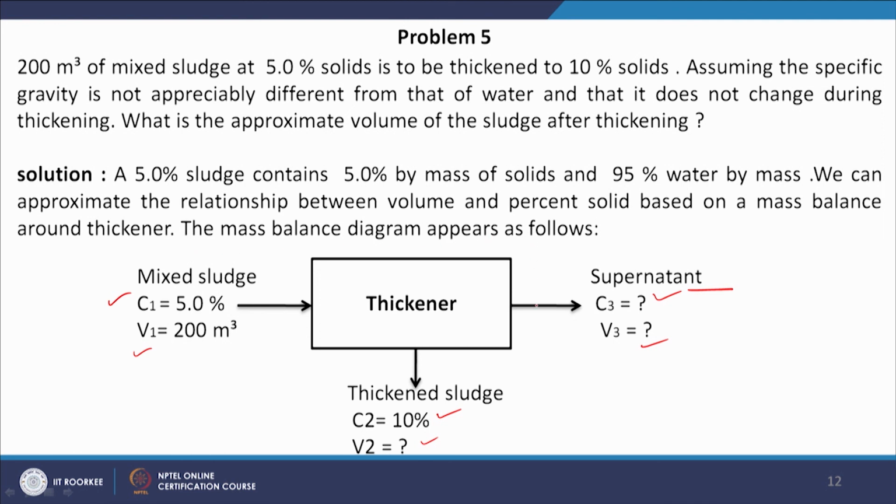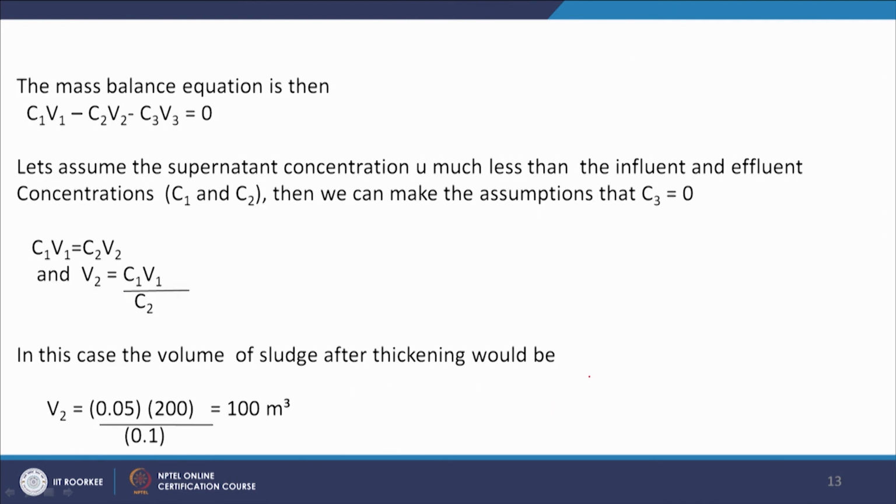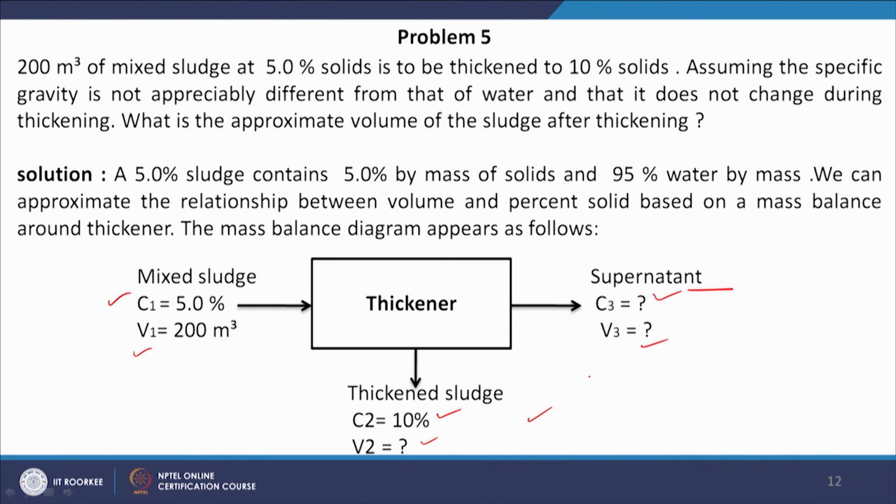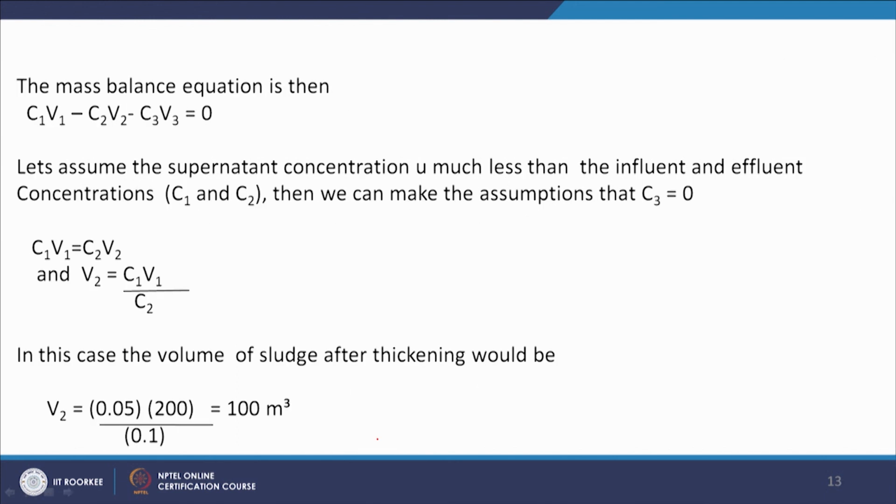The mass balance diagram is like this, and in this case we get C1 V1 equal to C3 V3 plus C2 V2 in equilibrium, or C1 V1 minus C2 V2 minus C3 V3 equal to 0. Now, if we put C3 equal to 0, the C3 V3 term will be 0. So, C1 V1 is equal to C2 V2, or V2 is equal to C1 V1 by C2.